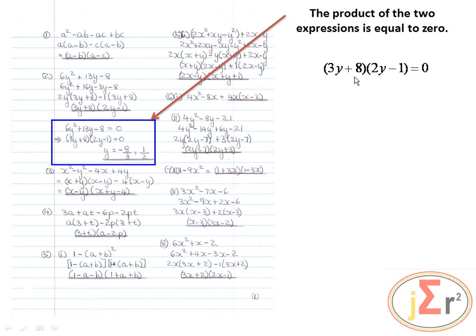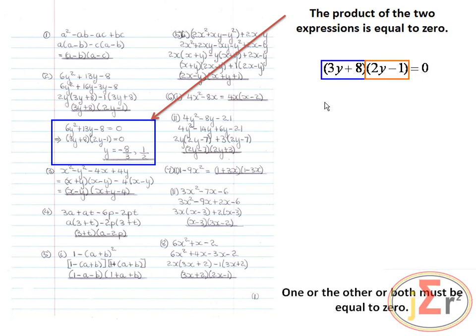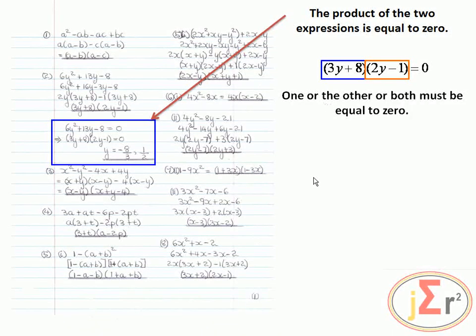But since we do not know exactly which one is equal to 0, we need to make provisions for both of them by equating both of them to 0. So one or the other or both must be equal to 0. We will solve this equation and we will solve this equation. This is a linear equation and this is also linear.